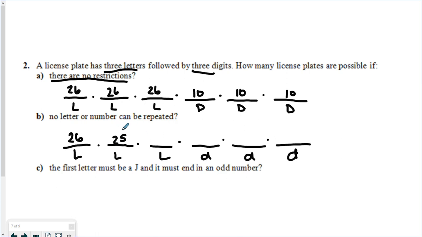And once we've put a letter here, we can't have the same as the first one or the second. For digits, in the fourth position, we can have 10 different digits, and then we can't have a repeat of that digit, so 9 and 8. Sorry, I never actually multiplied this out for you. So 17,576,000. And this one is 11,232,000.